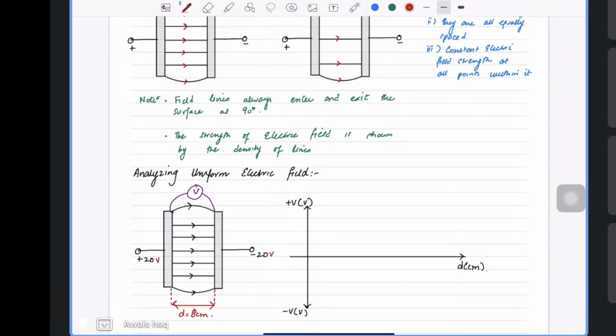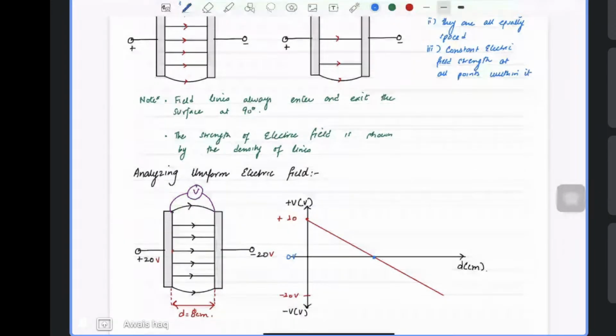So if you draw a potential graph, you'd realize that initially there was a charge right here, so it had 20 volts, and when it reached the other plate it must have a voltage of like minus 20, and exactly at the middle right here where the voltage is 0, this is the line at the center, right?